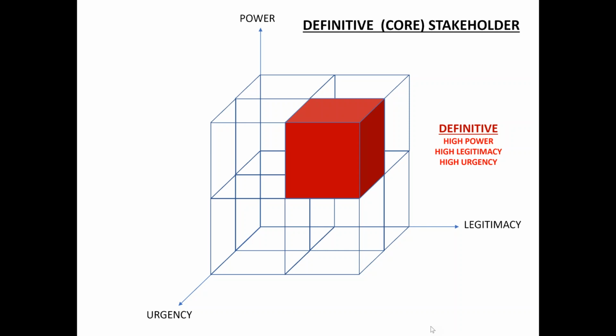This red cube is on the highest point from the power point of view, from the legitimacy point of view, as well as from the urgency point of view. This is the peak box. So this box is definitive. Any stakeholder falling in this category is definite.